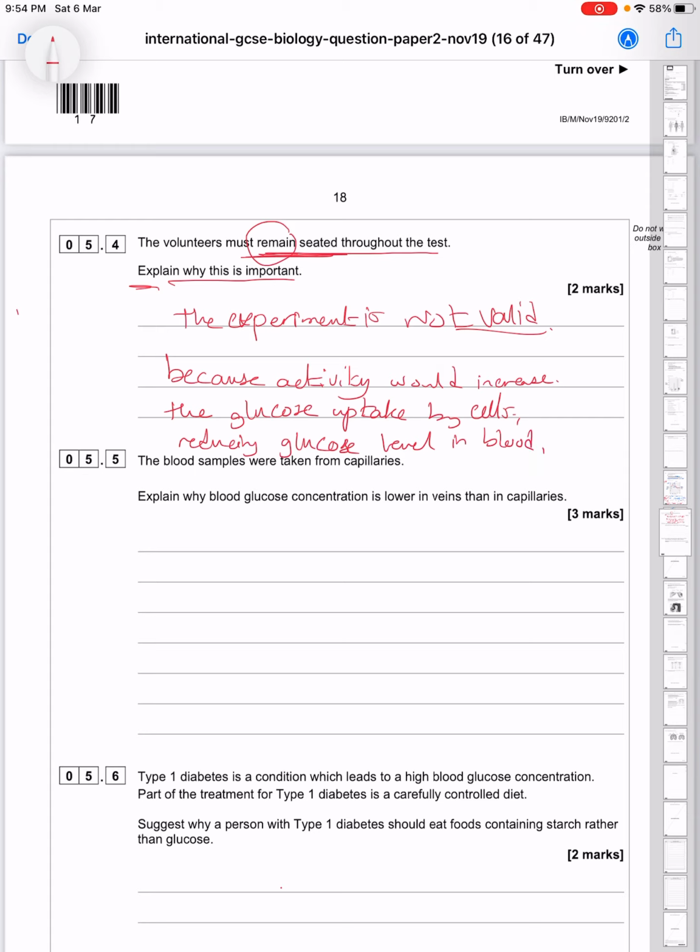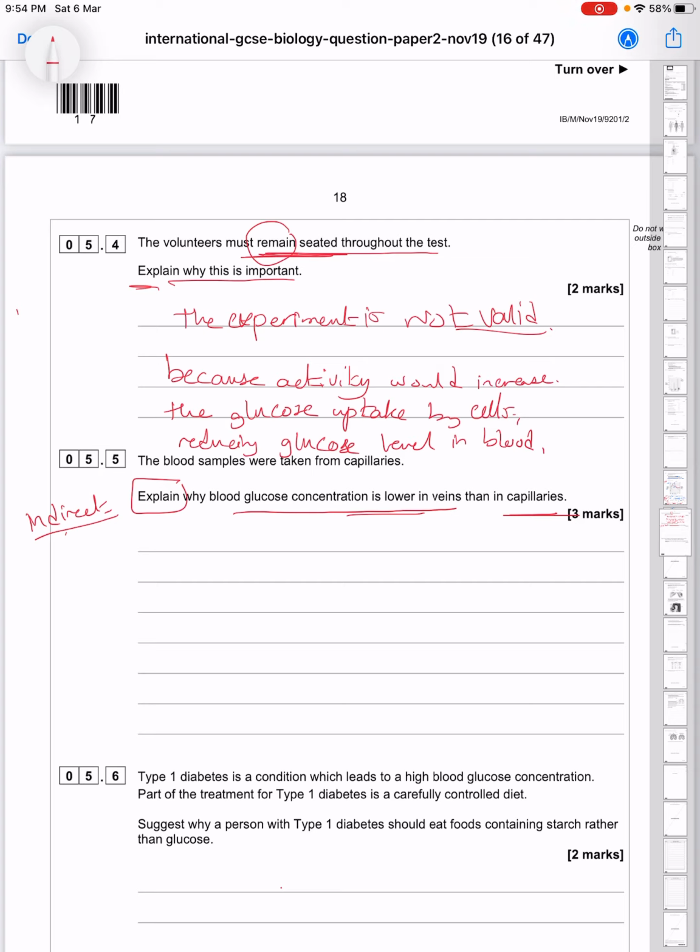Okay? Now, question 5.5. This is kind of a hard question. It's a completely indirect one. The blood samples were taken from capillaries. Explain why blood glucose concentration is lower in veins than in capillaries.